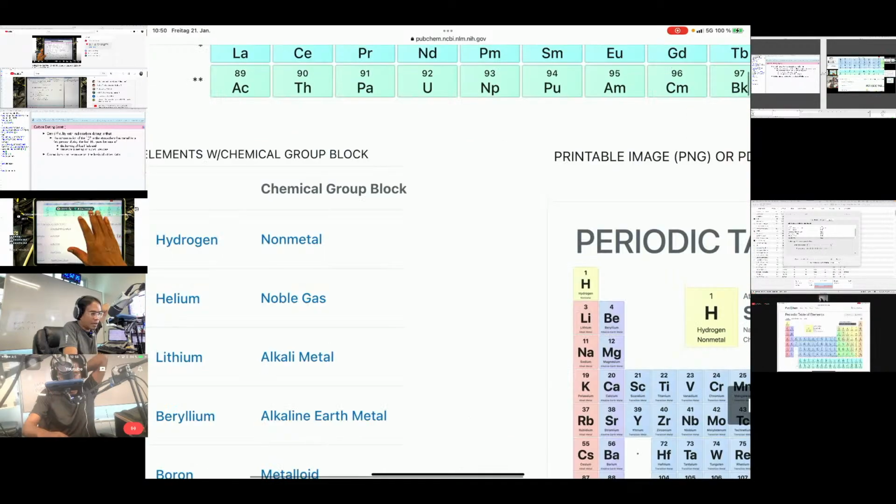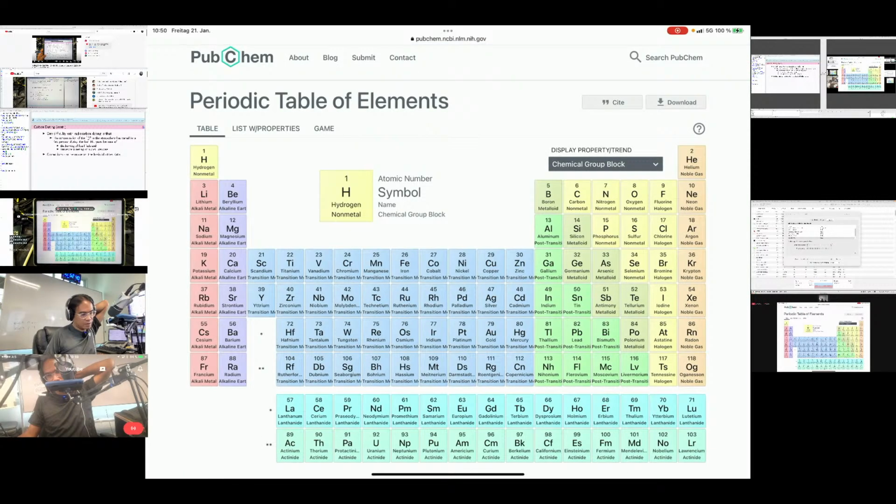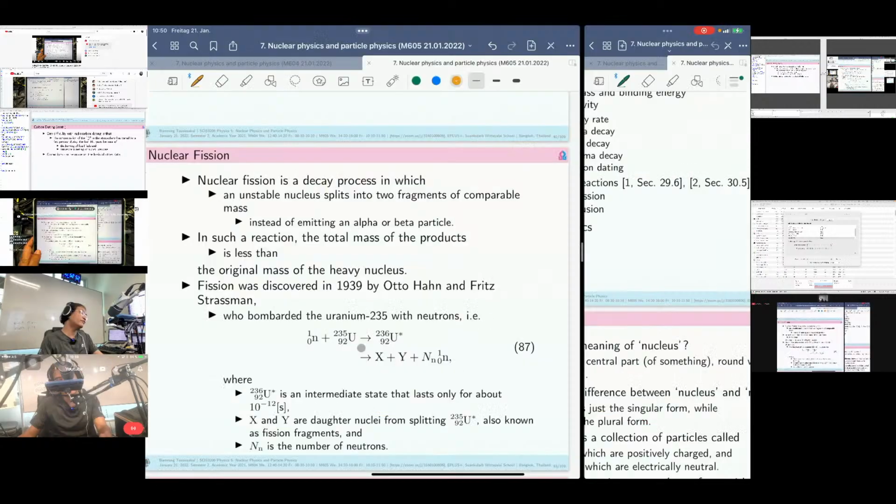Even uranium is still not stable. It has a half-life of around a billion years and so on. Uranium-235 is an isotope of uranium, and is quite popular in the nuclear fission process.